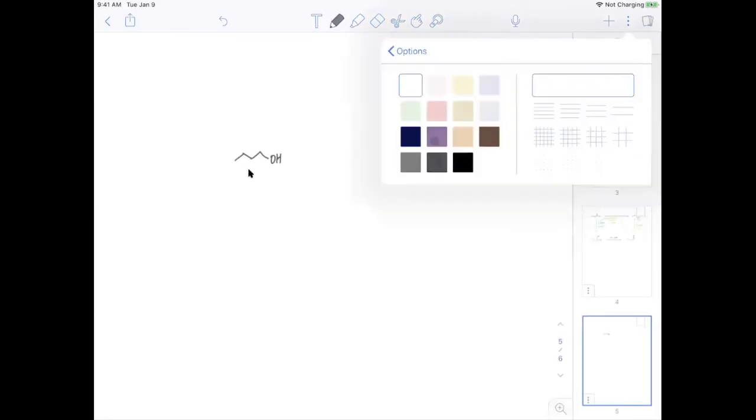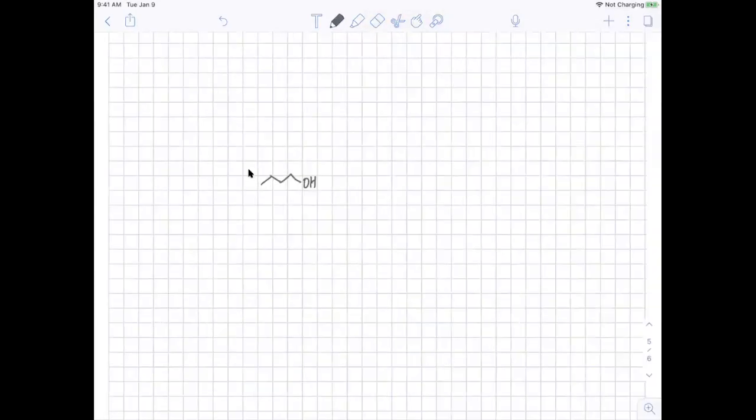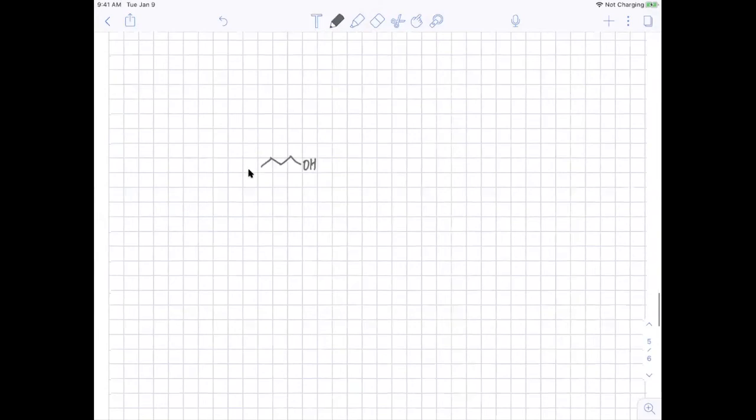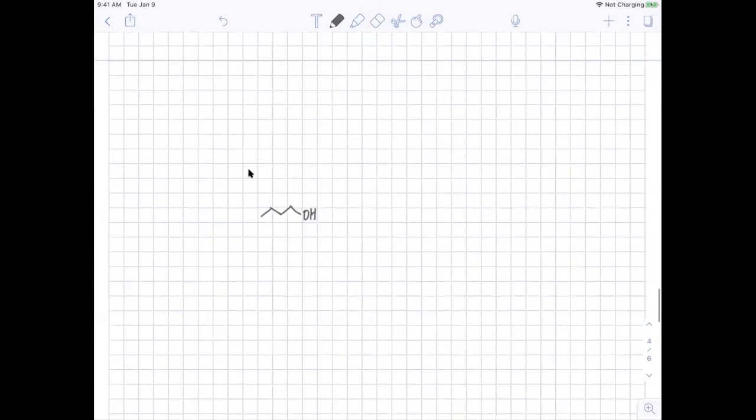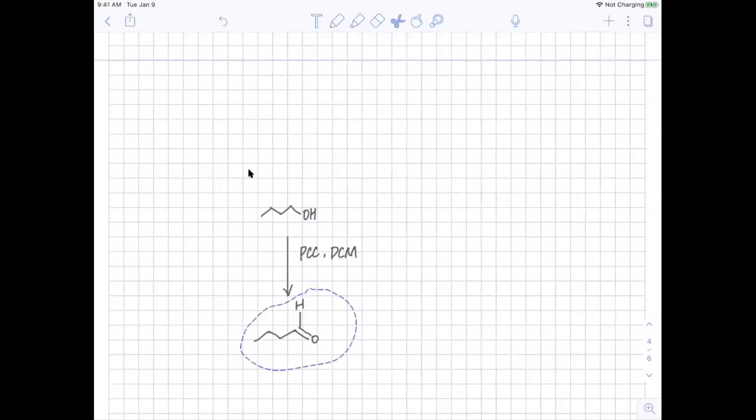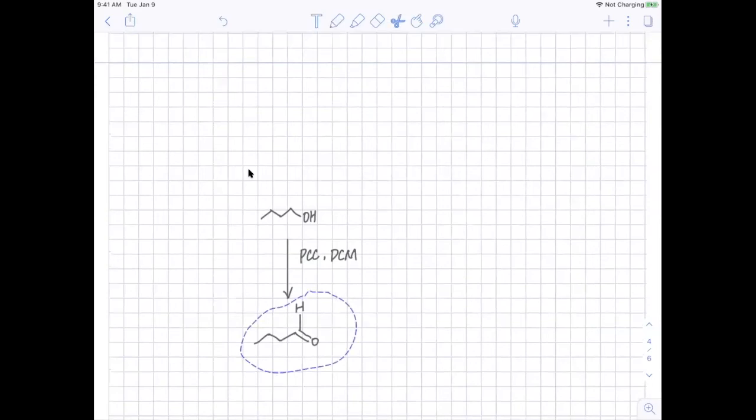So if it's oxidation, it can be PCC with solvent DCM. So what did we get? It's an aldehyde. That's after we oxidize that.